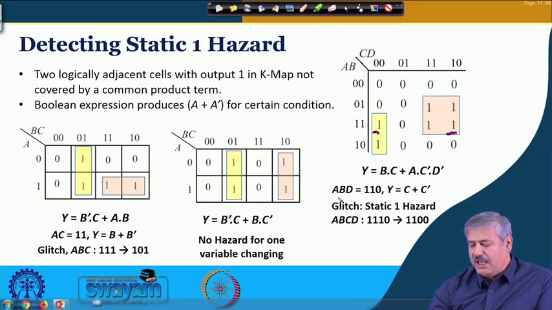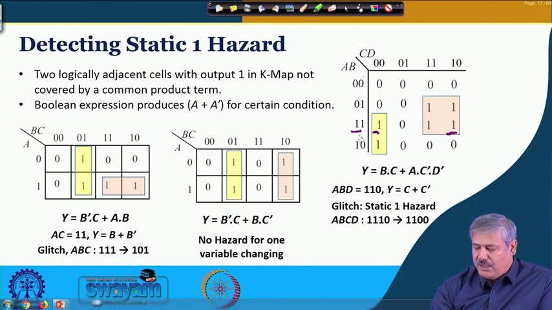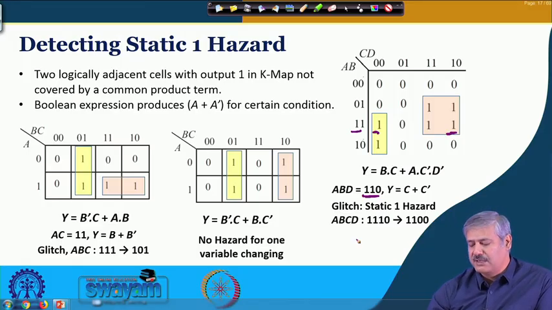So, A, B, D. We can see that A, B are 1, 1, and between these two, what is common? D with 0. So, A, B, D is 1, 1, 0. This is common between these two ones, right. And C going from 1 to 0, because we know that from high to low, there is a static one hazard.